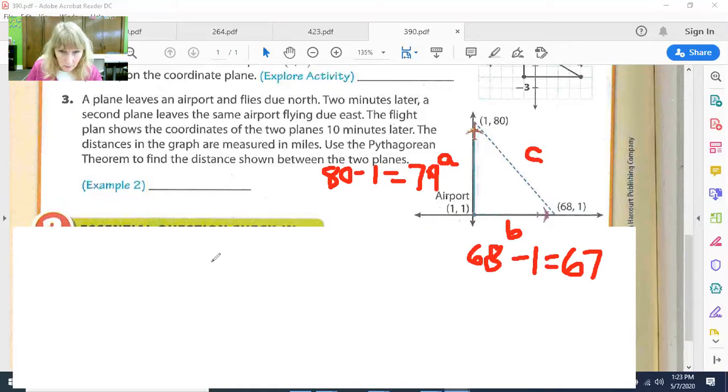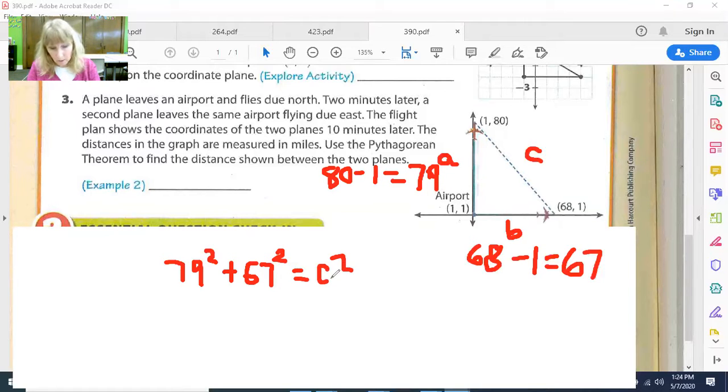And we get A squared of 79, and we have to square it, plus B squared of 67, and we have to square it, equals C squared, right? So now you are welcome to multiply out 79 times 79 for the sake of time.